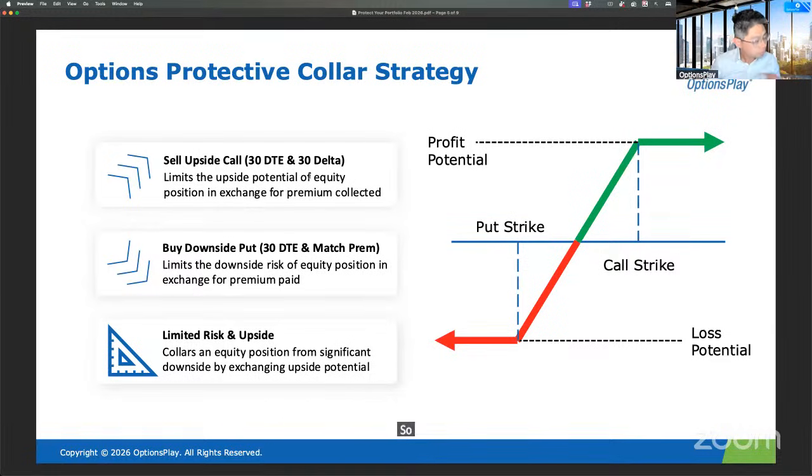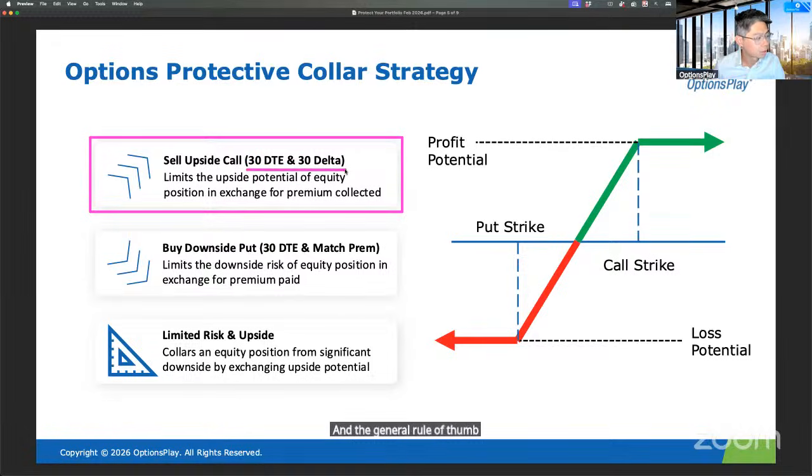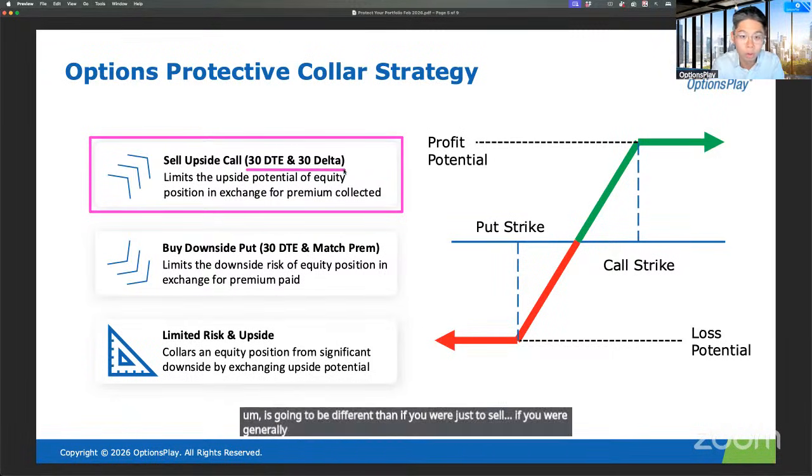So when you break down a collar strategy into its two components, the first one is selling an upside call. So you're essentially selling a covered call against the stock position that you own. And the general rule of thumb with selling that covered call is going to be different than if you were generally selling a covered call for income.